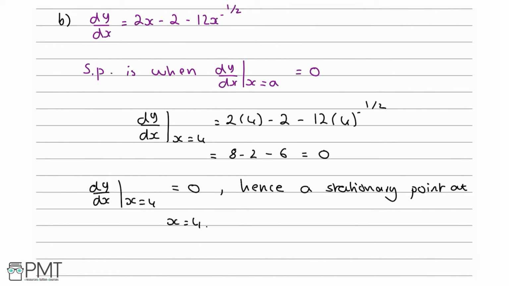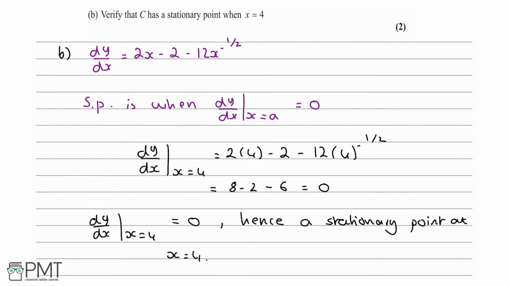Okay. This question is worth 2 marks. Your first mark comes from being aware that you need to substitute x equals 4 into your expression for dy by dx. So this line of working here will get you your first mark.